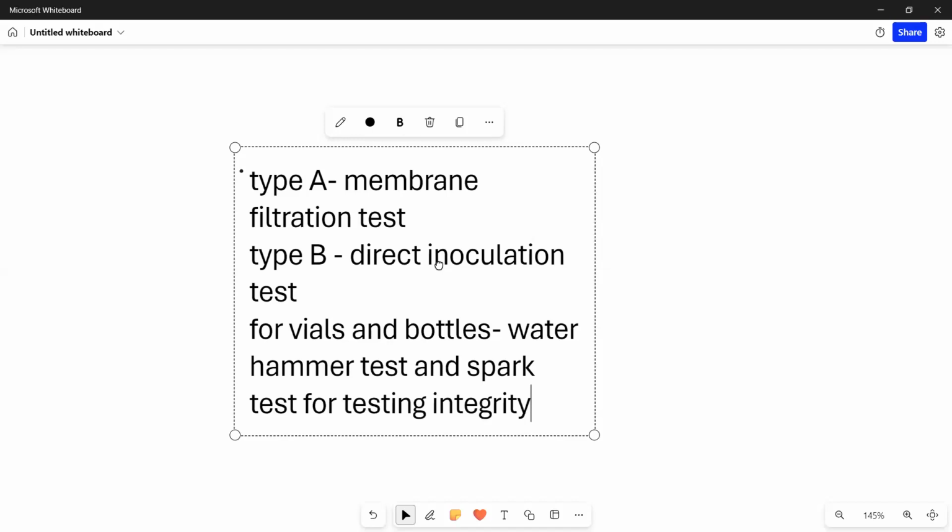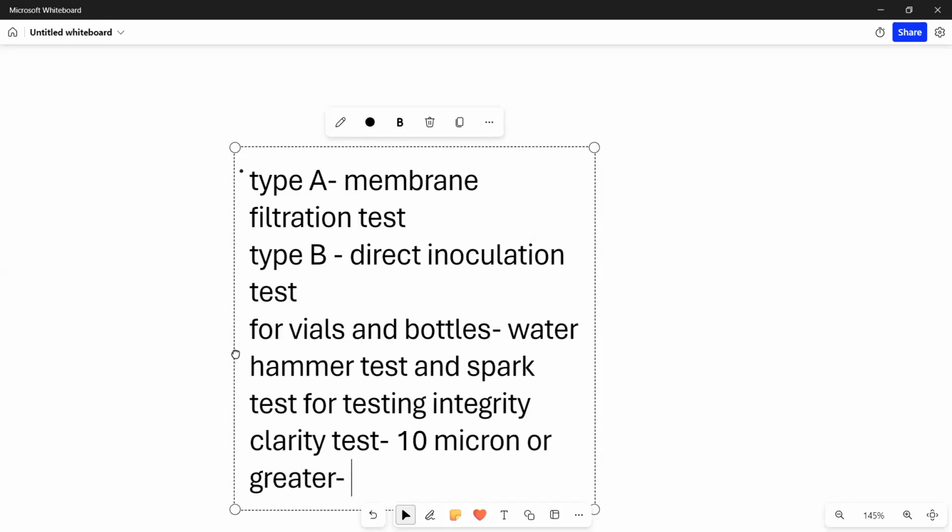Next, while coming to the clarity test. Guys, could you say for particle size of 10 micrometer or greater, what is the limit of the solid content?